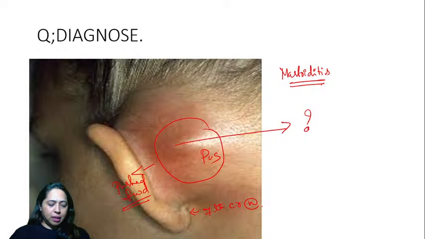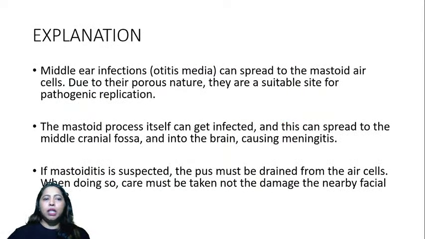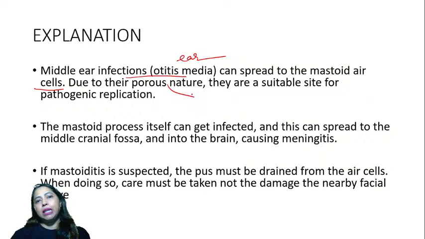Yes, Ajinkya, correct. So now middle ear infections are known as otitis media. Now here the pus or the infection can spread from the ear region into the mastoid air cells. And because it is porous, it can get easily infected, and it is a perfect region for the replication of the pathogens.